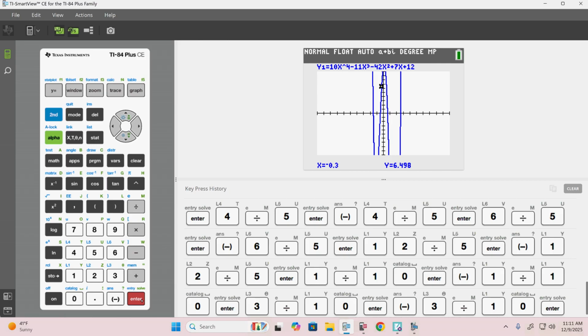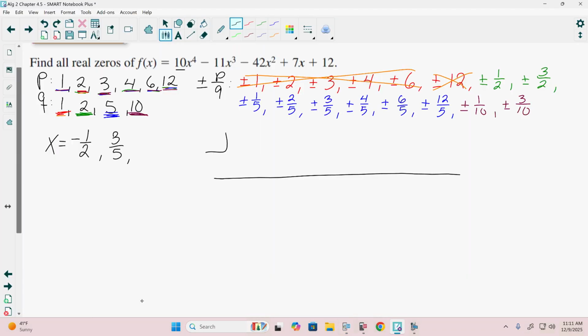So really, I just went through all of them, and I went through the rest of them pretty quickly. But it told me the two rational solutions are negative 1/2 and 3/5. This gives us a way to find those values, especially if they're not directly given to us.